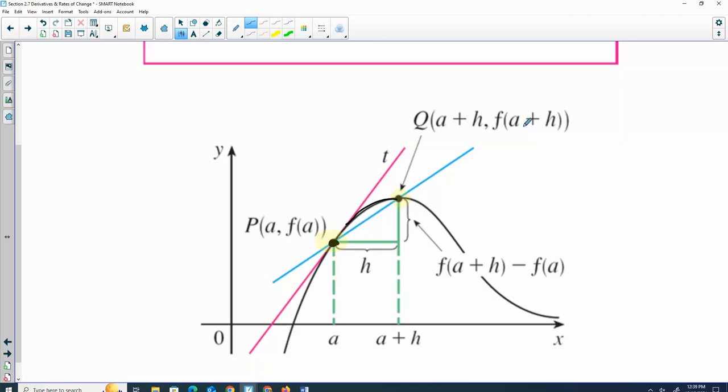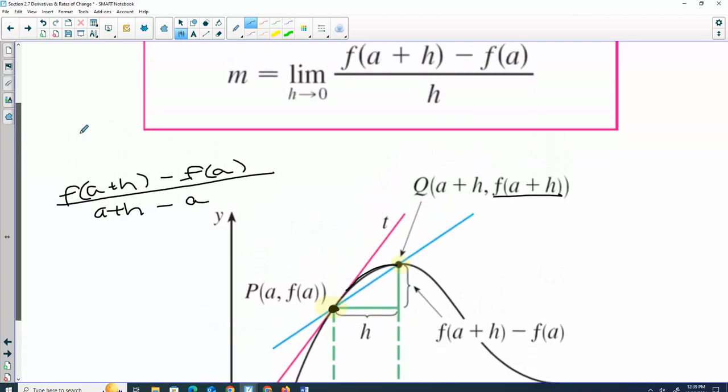And so then your slope is the same type thing: F of A plus H minus F of A over A plus H minus A. And what happens to the A's? They cancel, so that's why it gets here. So they're equivalent.